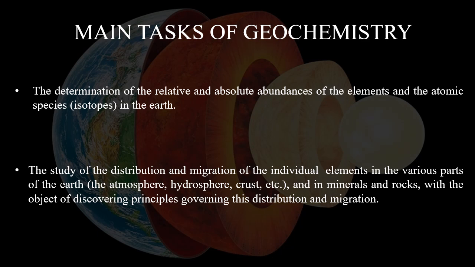Another task of geochemistry is to study the distribution and migration of the individual elements in the various parts of the earth, that is the atmosphere, hydrosphere, crust, etc., and in the minerals and rocks, with the object of discovering principles governing the distribution and migration of those individual elements.